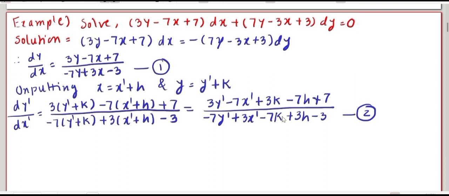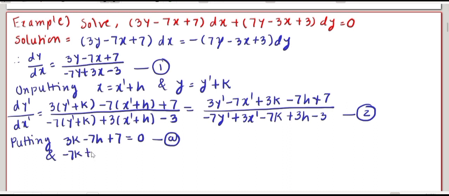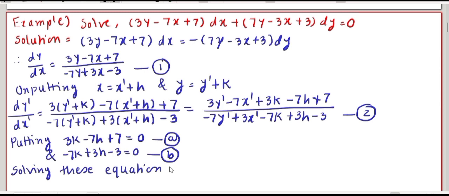For finding the values of h and k, we put 3k minus 7h plus 7 is equal to 0, suppose this is equation number A, and minus 7k plus 3h minus 3 is equal to 0, equation number B. Solving these equations for h and k, we get the value of h is equal to and the value of k is equal to.